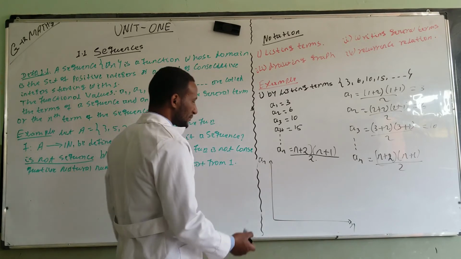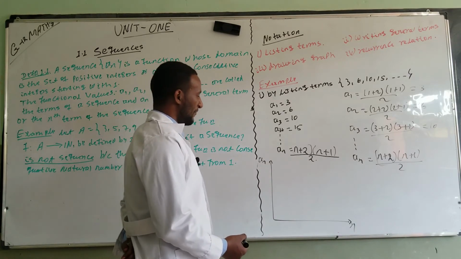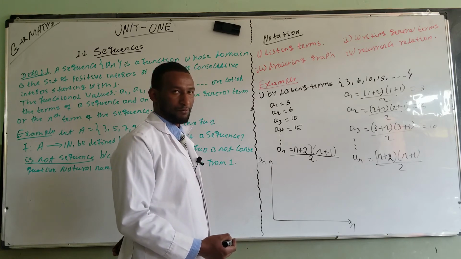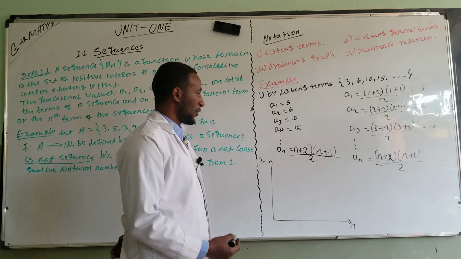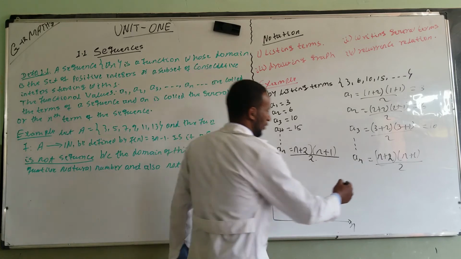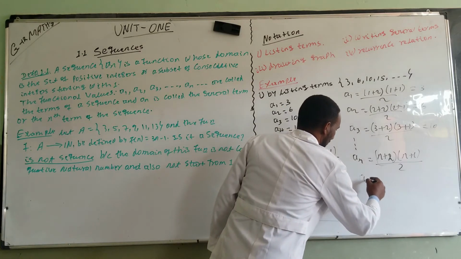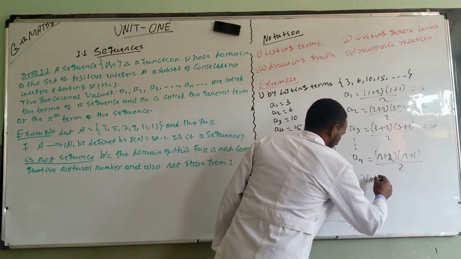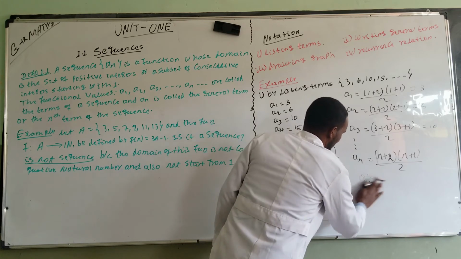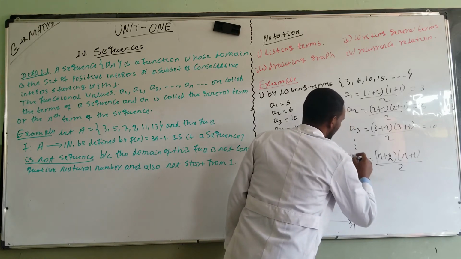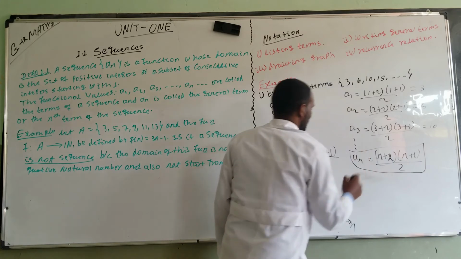Then when we find the ordered pairs, or when we take the function a of n is equal to this one.